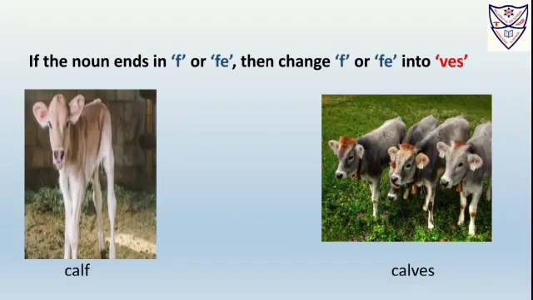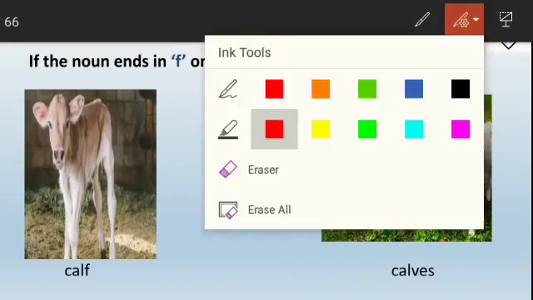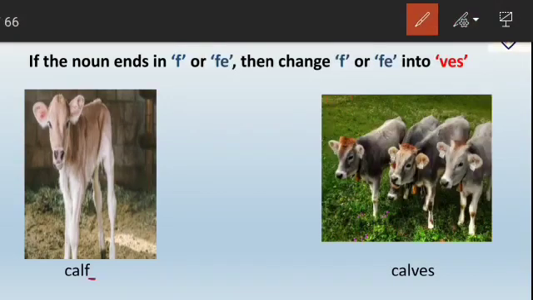Now if my word ends with F or FE, to make it plural I will change F or FE into VES. Now here I have calf. Now the last letter is F. To make it plural, instead of F I will write VES.